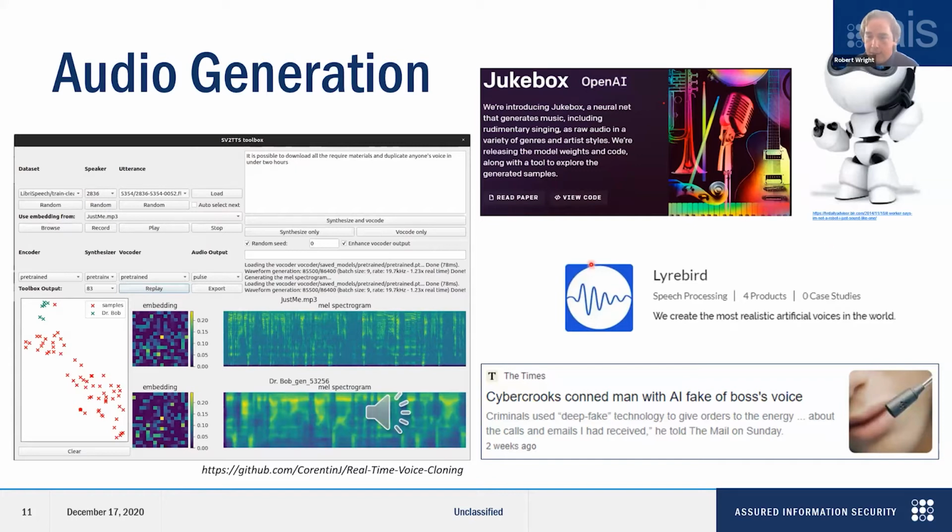There are companies like Lyrebird that offer this as a service for virtual assistants to make interacting with computers a bit more personable. And there have been some examples in the wild of people using this exact technology to fool people into moving money around. So this is in the wild, and it's good.